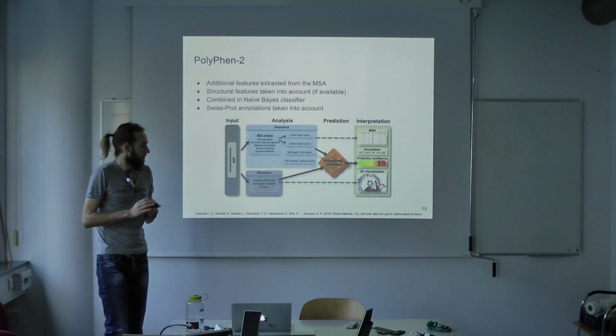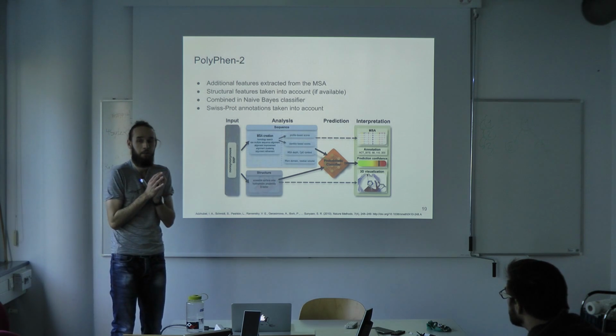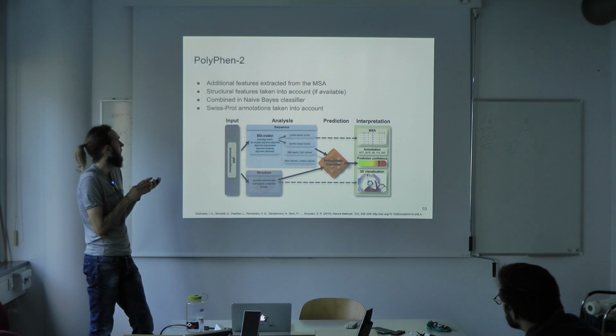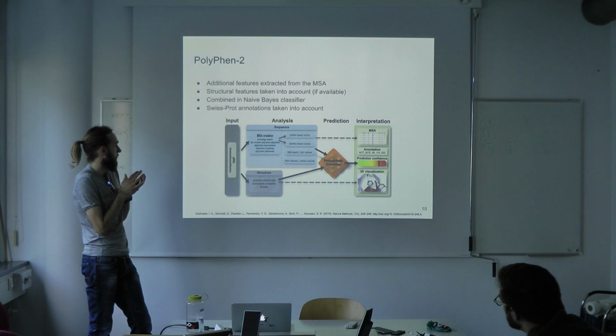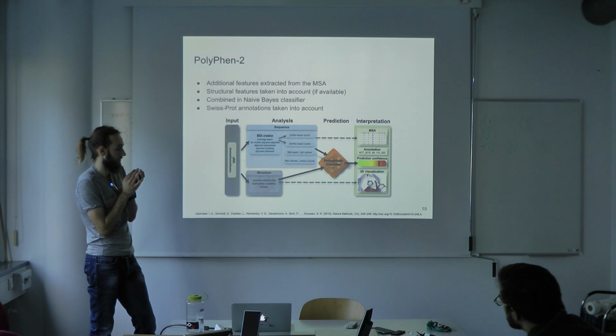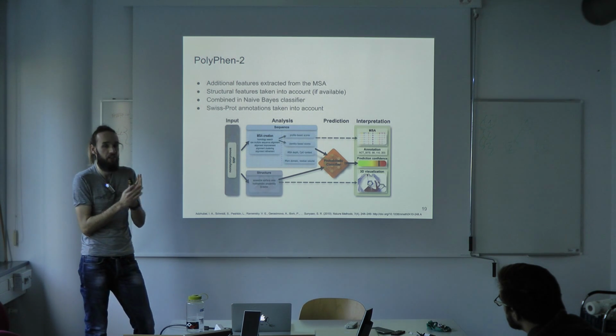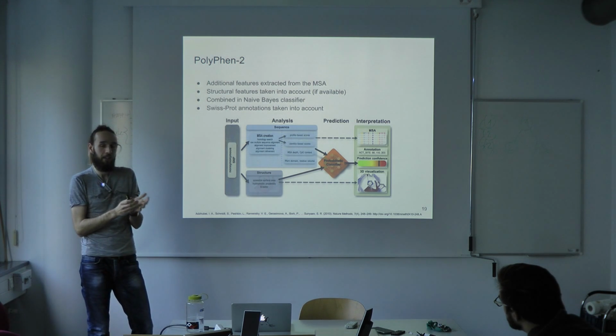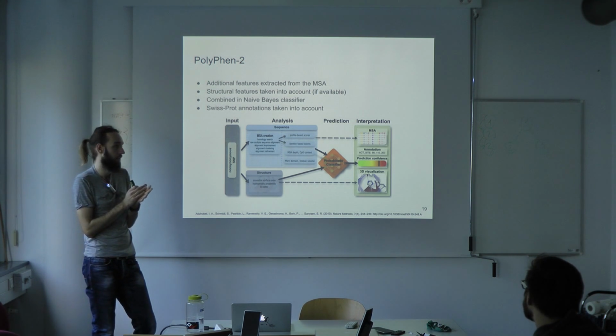Okay. Polyphen is another very popular method that you should have heard of. This is Polyphen 2. The basic idea is the same. You have a set of similar sequences. You build a multiple sequence alignment out of it.